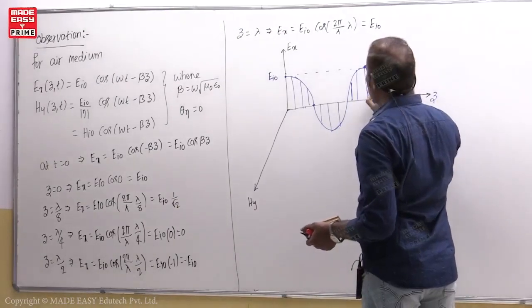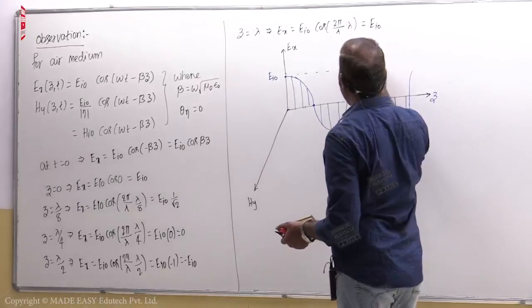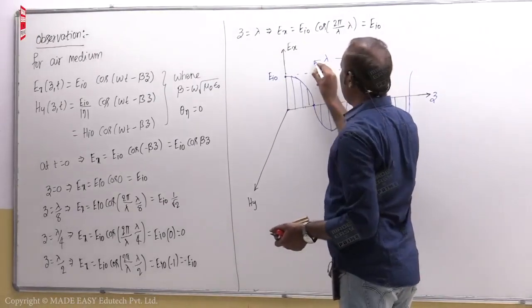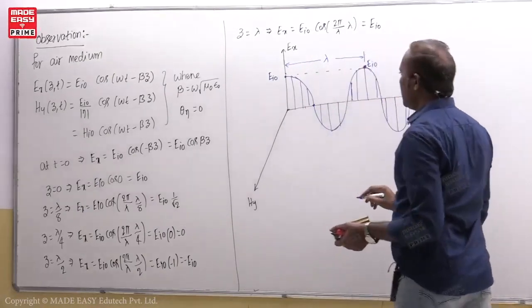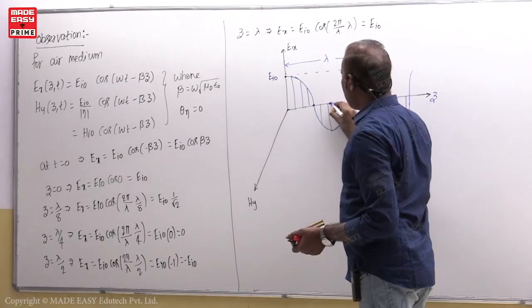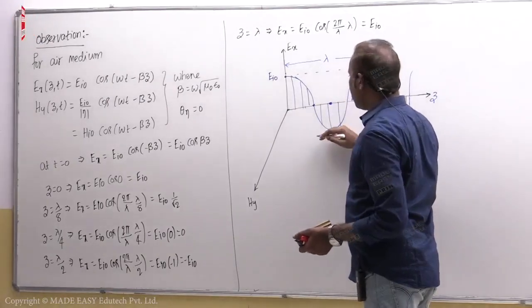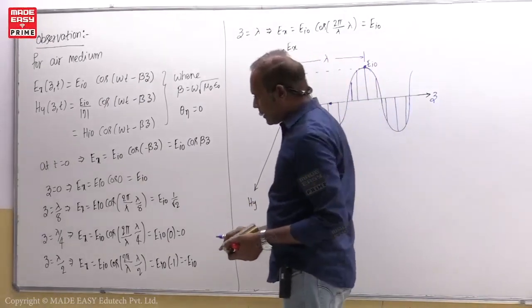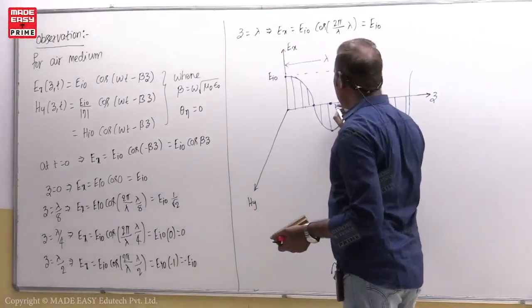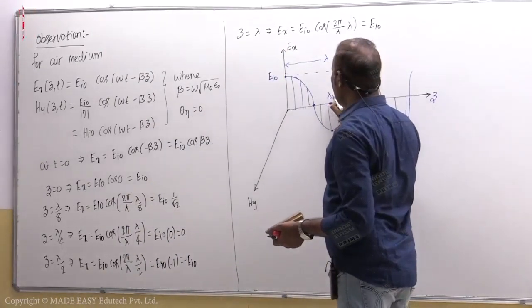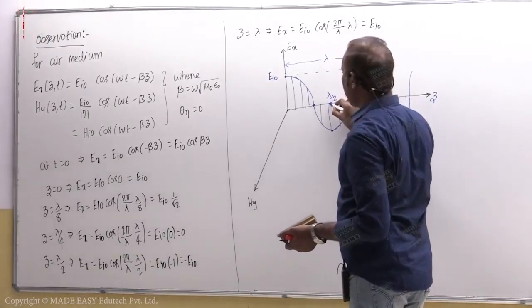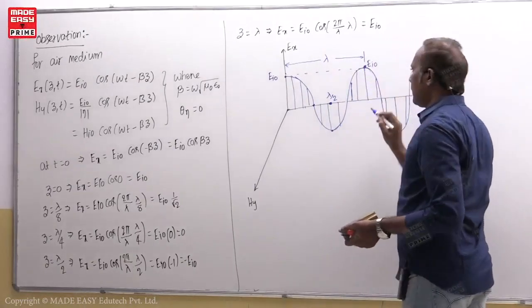That means this is basically lambda, so z is equal to lambda distance. Okay, students. Now half of that, here minus EI0 is there. You can see at z equal to lambda by 2 minus EI0 is there. So that is lambda by 2.